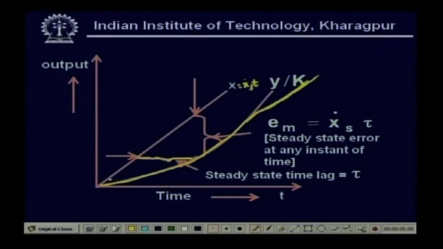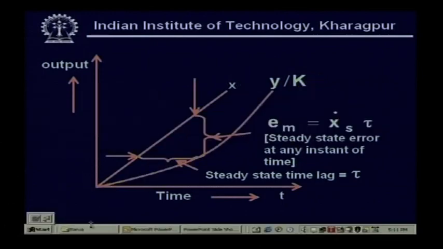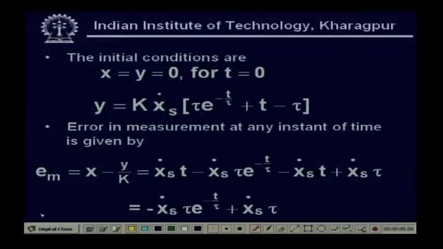Initially, time lag is very small, but as the time grows, we have a steady state time lag, which is tau. And steady state error also, at the initial stage, is very small. Why? If I go back to the previous slide, you see here we have a negative term.